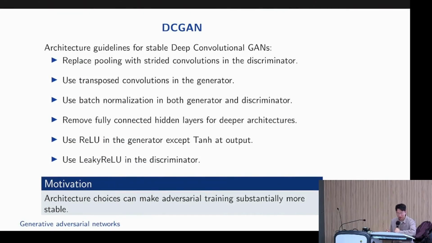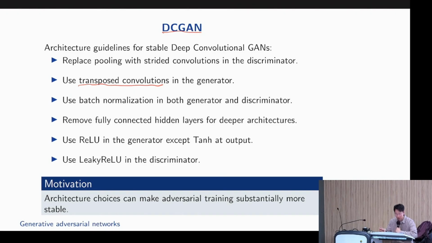So this is the deep convolutional GAN, or DCGAN. They made lots of architectural guidelines for stable generation. The key component is what we just saw, transposed convolutions in the generator.